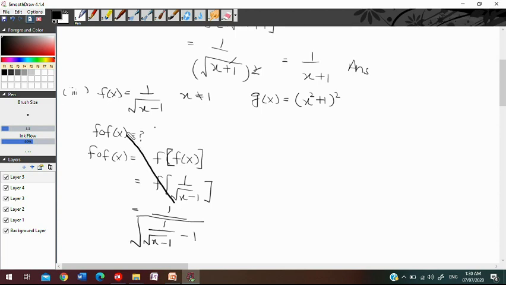These both look exactly the same. 1 divided by under root x minus 1 is the value of the original function, but we have to apply this rule on this function also.